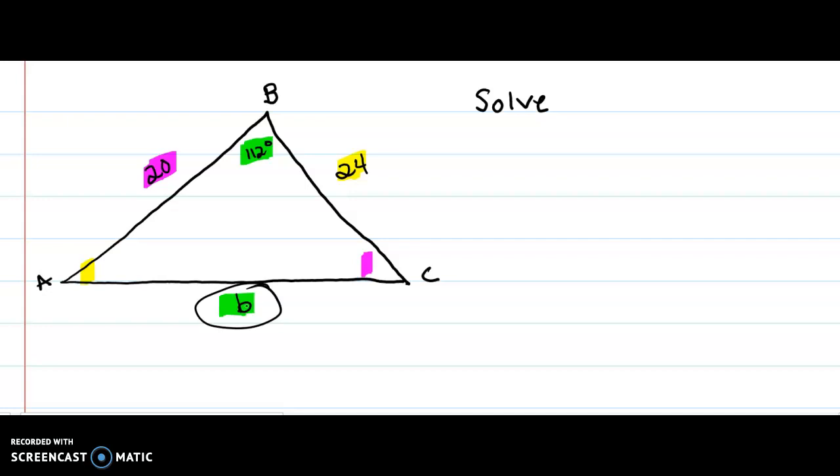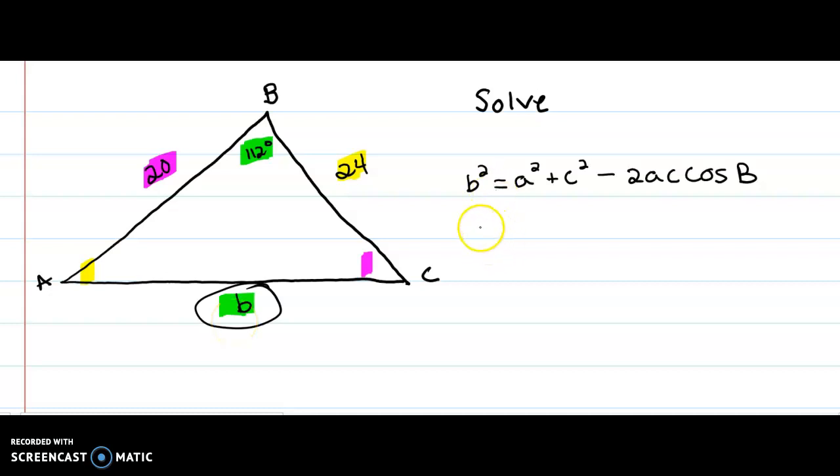The law of cosines formula I would use is b squared is equal to the other two sides, which is a squared plus c squared minus 2 times a times c times the cosine of B. Okay, so now I plug everything in, and then I'm going to solve for little b here.